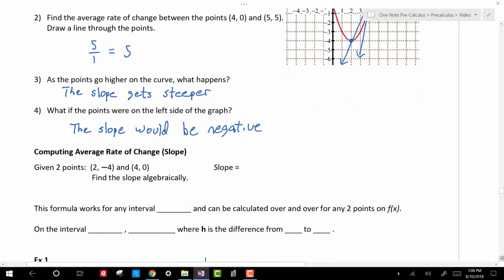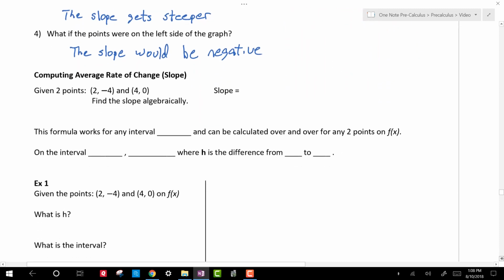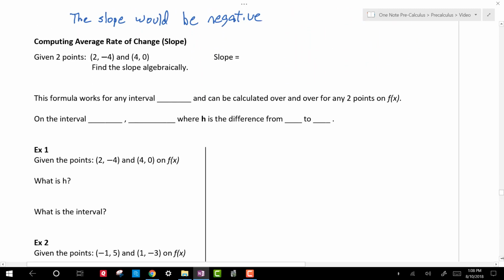All right? So when we compute average rate of change, all we're doing is computing slope. And if I asked you to compute, given 2 points, (2, -4) and (4, 0), find the slope algebraically now. Our slope formula is y2 minus y1 over x2 minus x1.